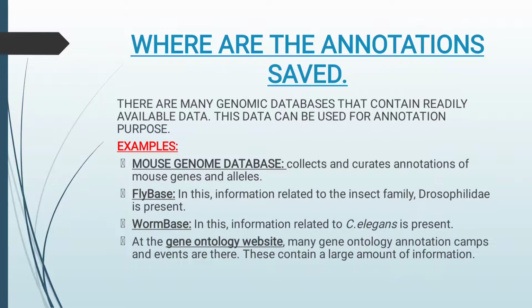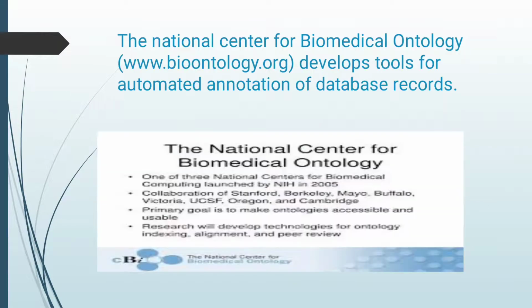Now next, the National Center for Biomedical Ontology, that is www.bioontology.org. This is the ontology website that I was talking about in the previous slide. This national center develops tools for automated annotation of database records.